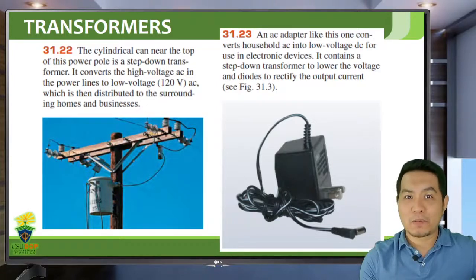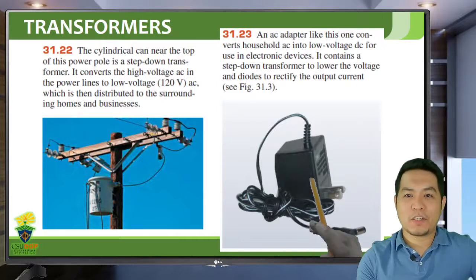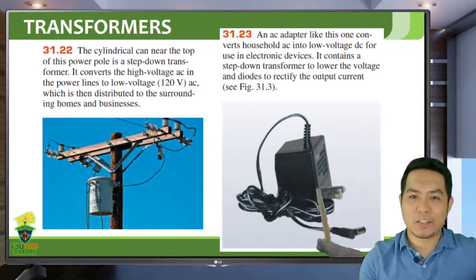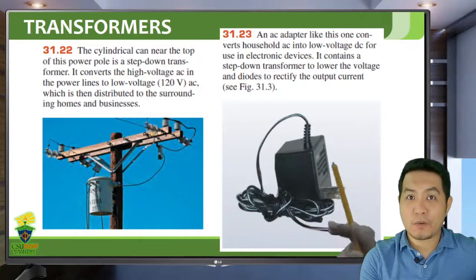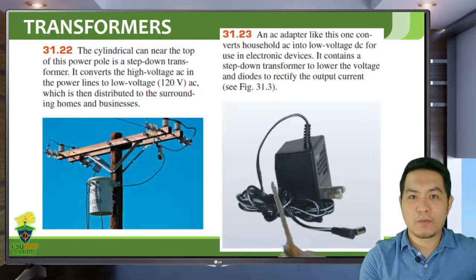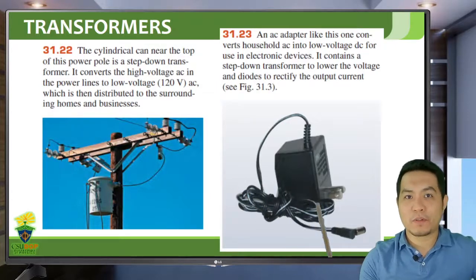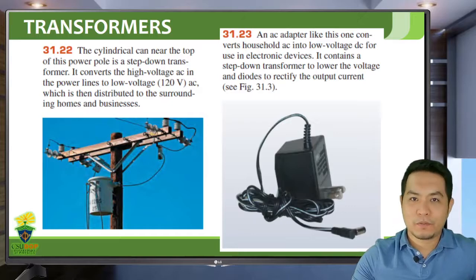The reverse, from DC to AC, is what we call an inverter. For example, a cell phone charger steps down the voltage from 220 volts to 5 volts and then converts the 5 volts AC into 5 volts DC. So those are examples of transformers.